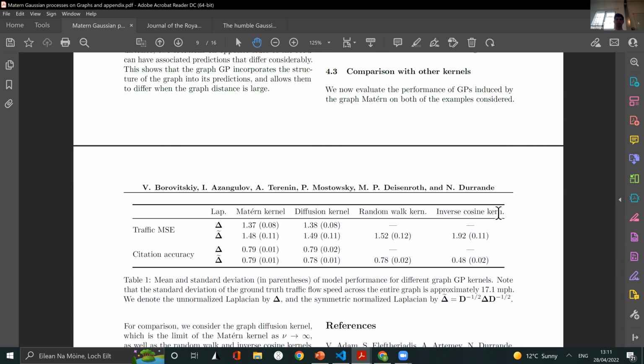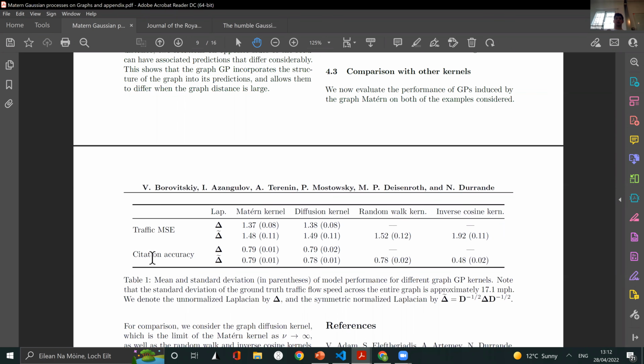Maybe because it's just going to perform really poorly. But I was thinking, why don't they also have one for the traffic using a kernel based on Euclidean distance, just to show how much better it works. Yeah, that would be a good comparison to make, especially as they're comparing their Matern kernel and the diffusion kernel to these other kernels, and it wouldn't be any extra work really to include a Euclidean kernel.